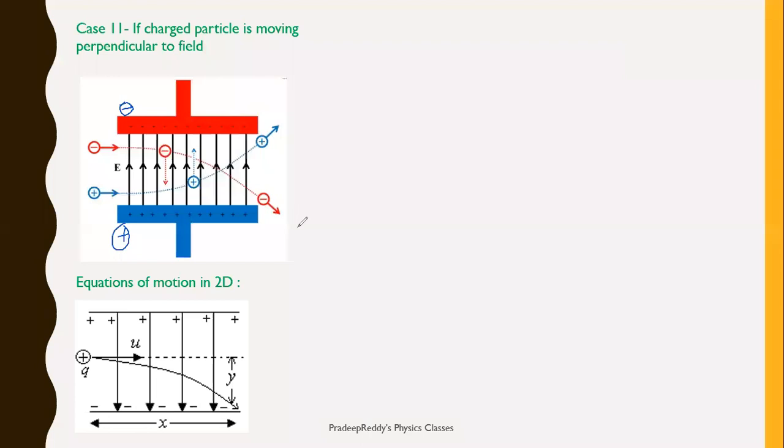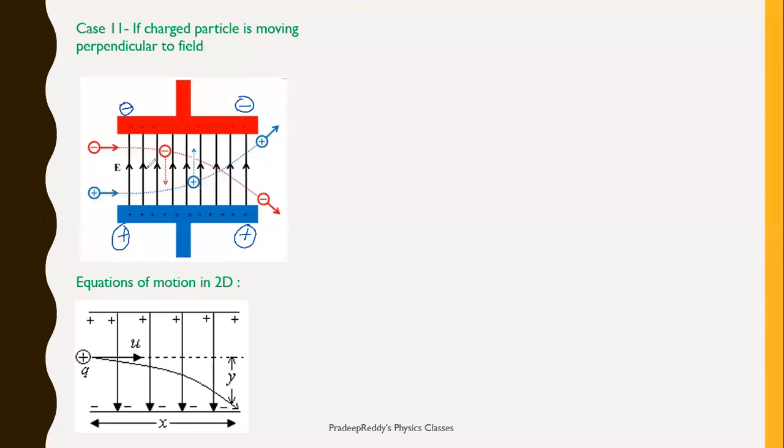Now, this is positive charge and this is negative charge. The electric field is directed from positive to negative, and all the lines are separated by the same distance. Therefore, here we can see that it is a uniform electric field.